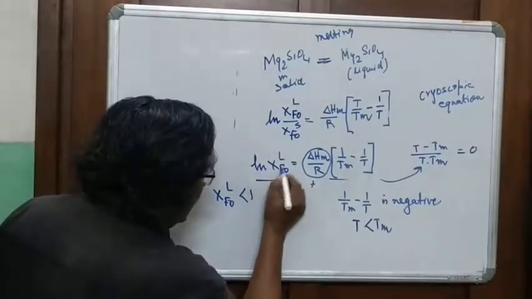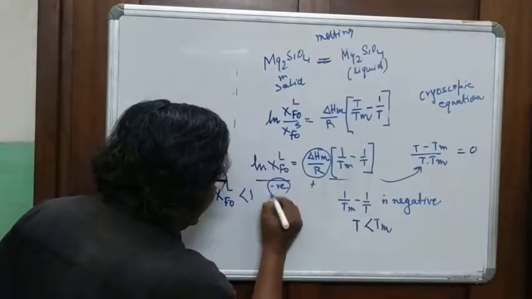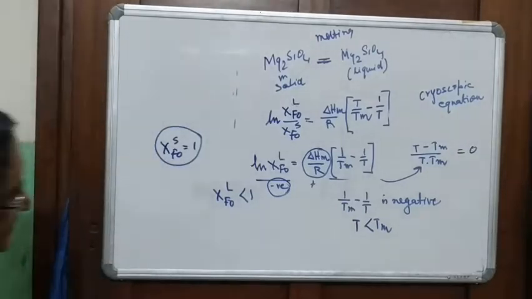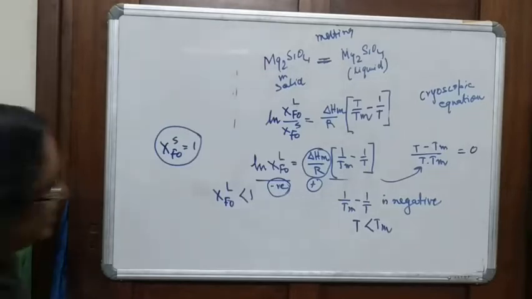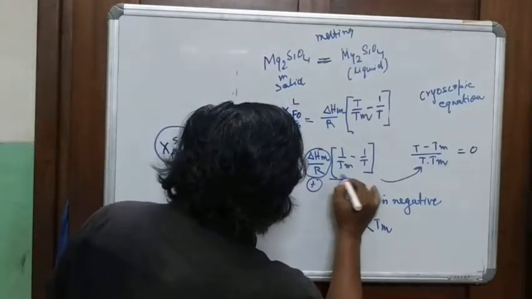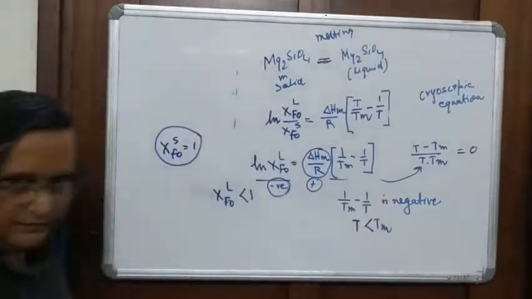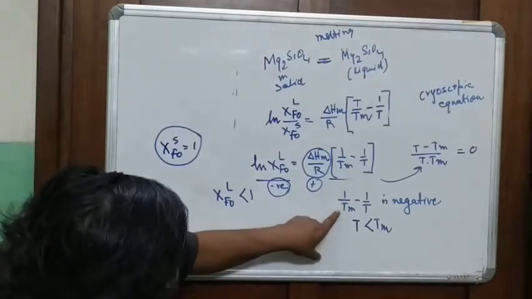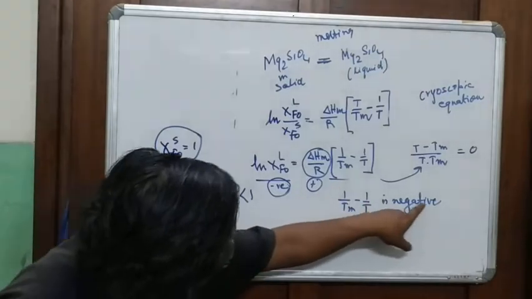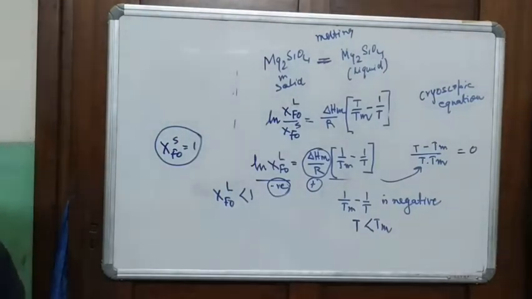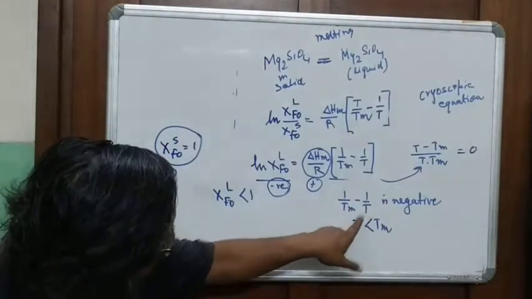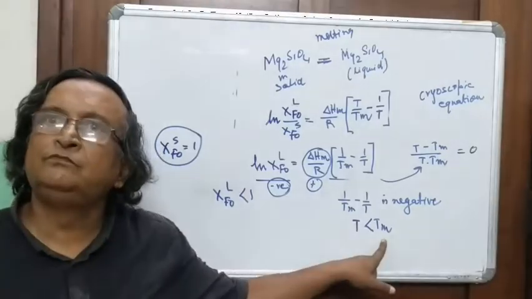If it's a decimal, ln of a decimal is negative. This term is always positive for melting. Then this has to be negative. That means 1 by Tm minus 1 by T is negative. If this is so, then T should be less than Tm.